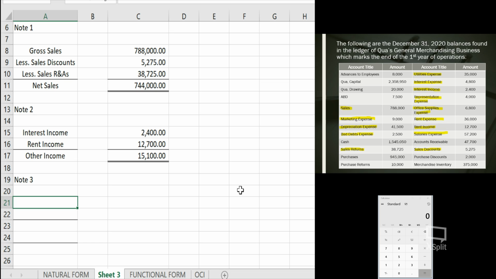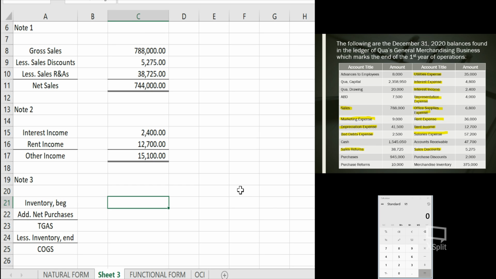This should be inventory beginning plus net purchases equals total goods available for sale less inventory at the end to finally arrive at cost of goods sold. Okay? So now let's go to inventory beginning.